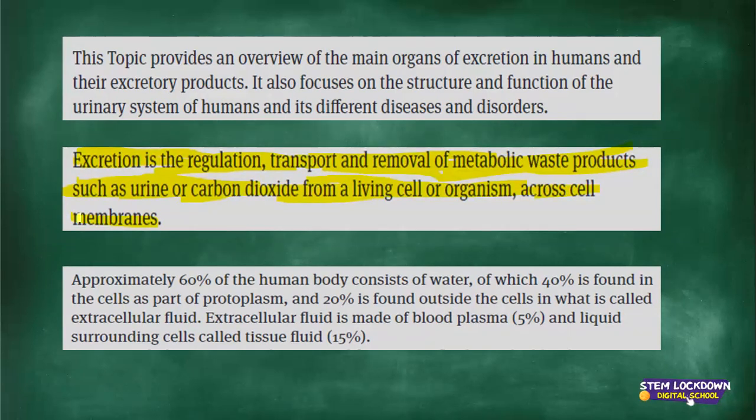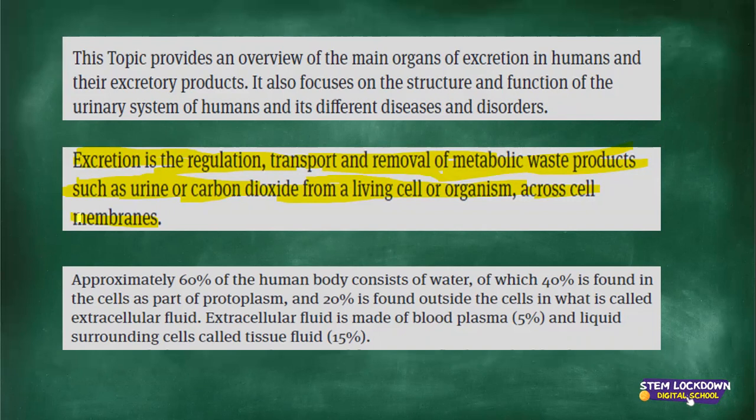And then 20% is found outside the cells in what is called the extracellular fluid. So inside the cells, in the protoplasm, 40% of this water is found. Then 20% is found outside the cells in the extracellular fluid.